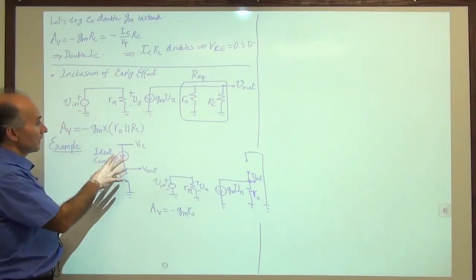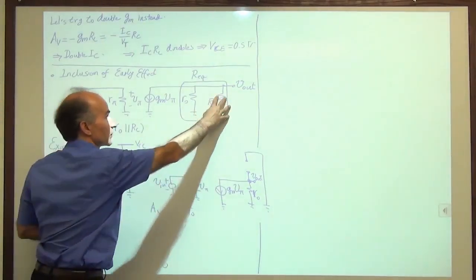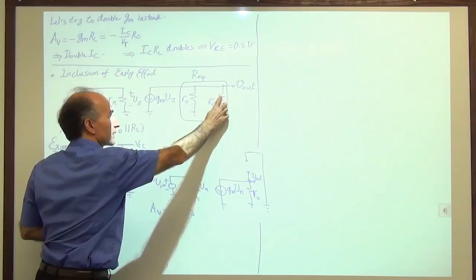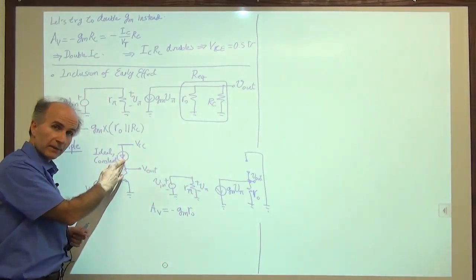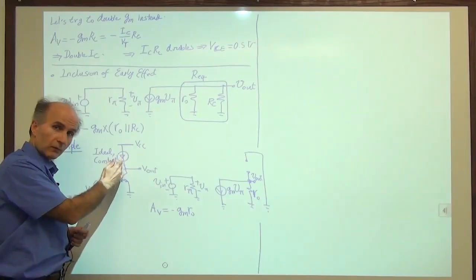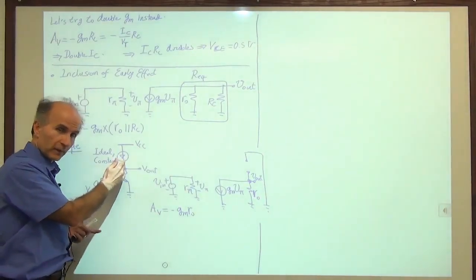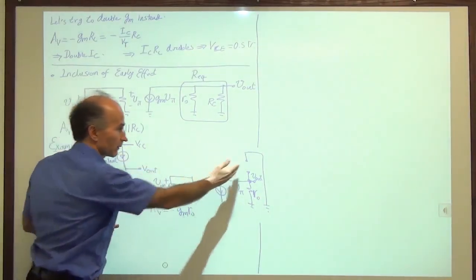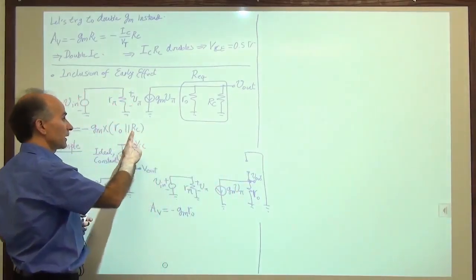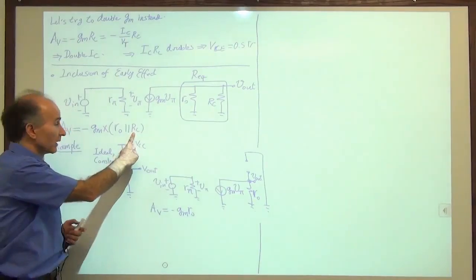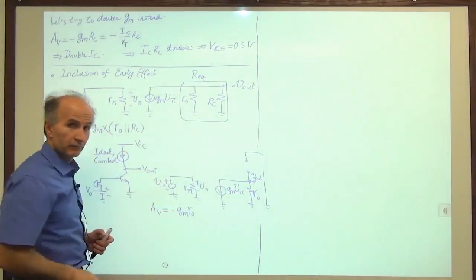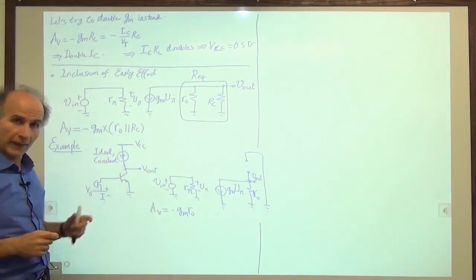So the difference between this topology and the previous topology is that now RC has become an open circuit for small signal analysis. The current source for small signal analysis becomes an open circuit. We don't have RC anymore, right? RC disappeared. So I can just go in here and replace RC with an open circuit, meaning with infinity. And that will give me the same result. So it's not surprising that these two would agree.